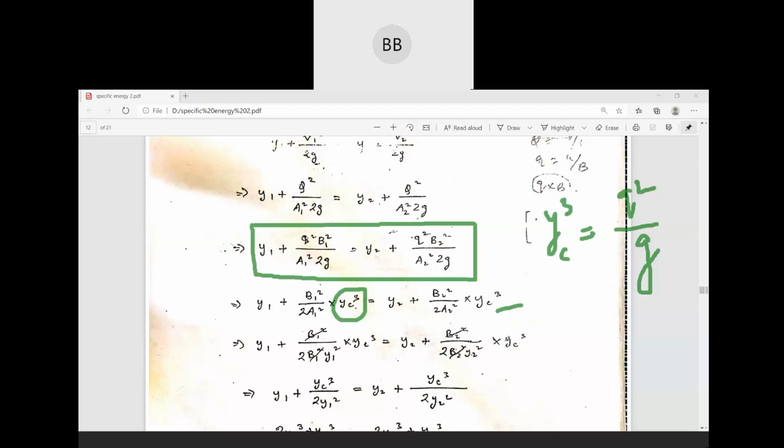Other terms will remain the same. What will be left is y1 plus yc cube divided by twice y1 square, and plus y2, where b2 square will be cancelled out, and left is yc cube divided by twice y2 square.